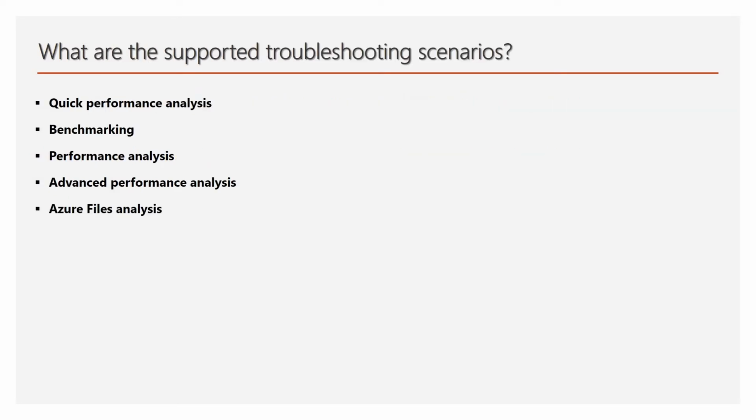Next we will learn what supported troubleshooting scenarios we have in the Perf Insights tool. First one is quick performance analysis. In this scenario, this tool will collect disk config and other info, for example event logs, network status of all incoming and outgoing connections, network and firewall configuration settings, task list for all applications that are currently running on the machine, SQL database config settings, important hotfixes, installed filter drivers, storage counters.